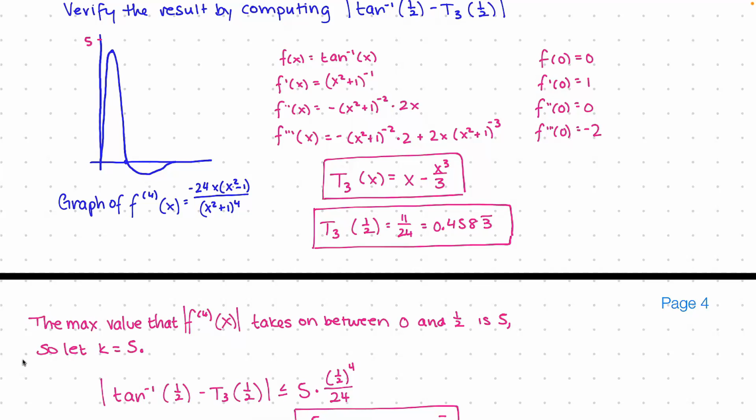So anyway, as far as the max value of this, we're going to use the graph. This is the graph of the thing that we're trying to find the max value of. So we can use 5. Now notice it's actually a little less than 5. You could refine the error bound a little bit more by trying to figure out exactly what decimal place that maximum value is at, or just use 5.